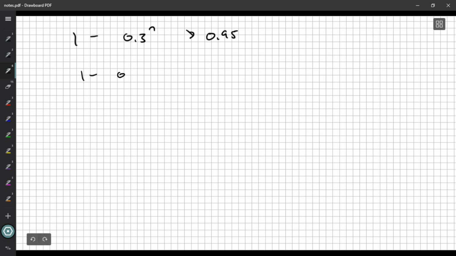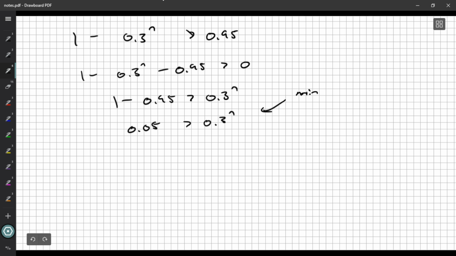So we could subtract 0.95 from both sides, and we could add on 0.3 to the n to both sides, and simplify a little bit. So we want the minimum n, the minimum number of tons of bombs, to satisfy this inequality.